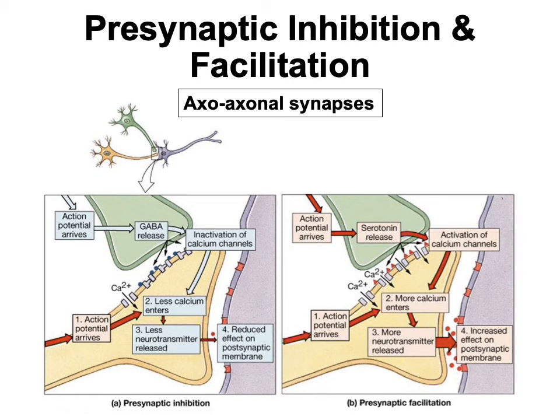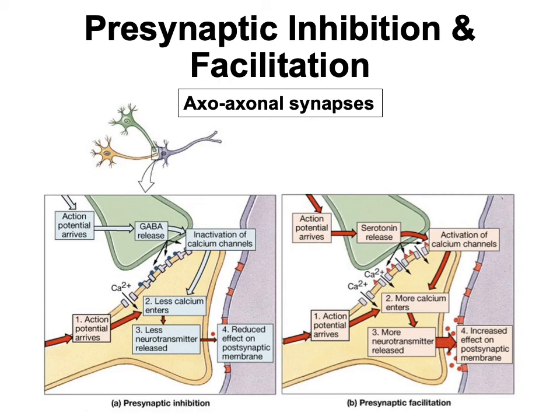Well, the GABA is going to inhibit the voltage-gated calcium channels on the axon terminal, so very few will open. And the amount of calcium that enters the axon terminal is directly proportional to the amount of neurotransmitter that will be released. So in this situation on the left, the GABA is going to significantly reduce the amount of neurotransmitter that will get released at that synapse at that time.